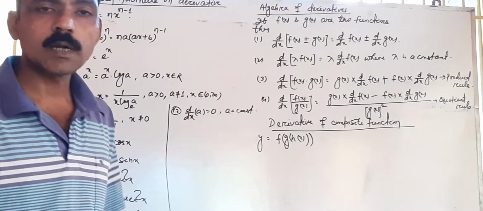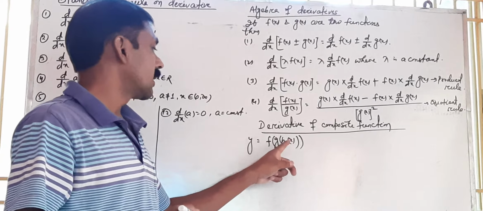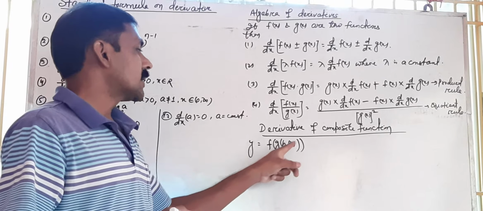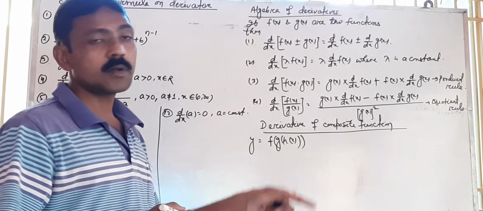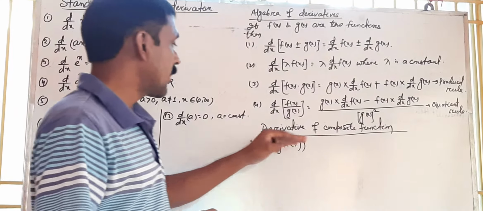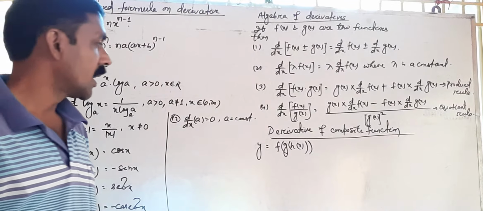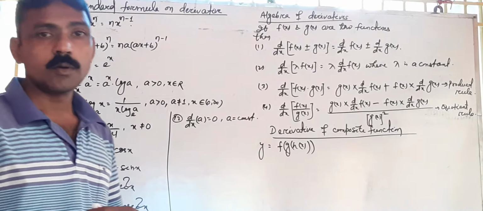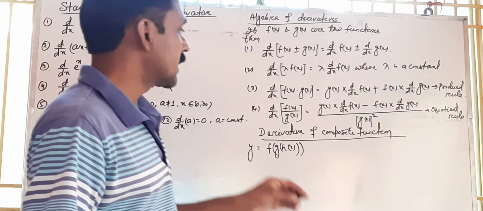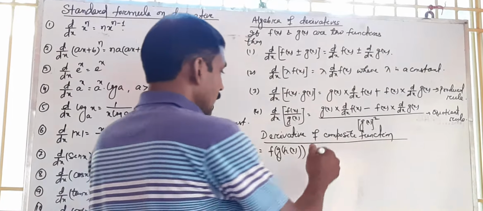There are three functions, f, g and h. Here h depends upon x, g depends upon h, and f depends upon g. This type of function is known as a composite function. To find the derivative of this type of function, we require a special method which is known as the chain rule.